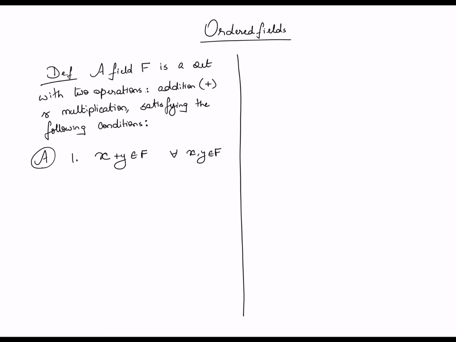In other words, the field is closed with respect to addition. That's the first property. The second property is that x plus y must always be equal to y plus x for all x and y in the field. Right? This is the commutative property. So the addition operation that is defined on the field must be commutative.